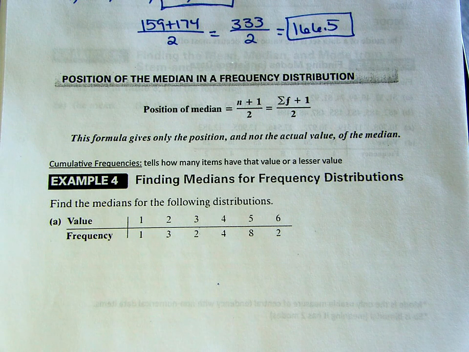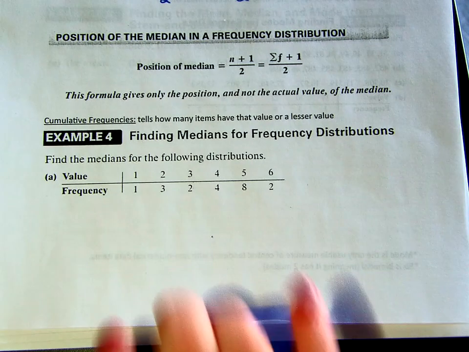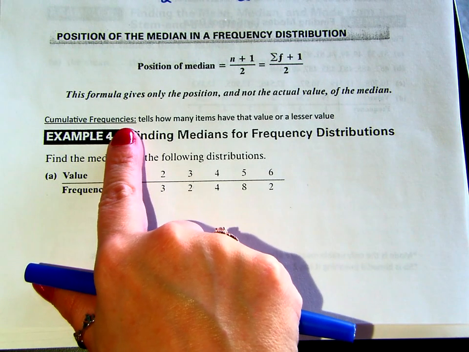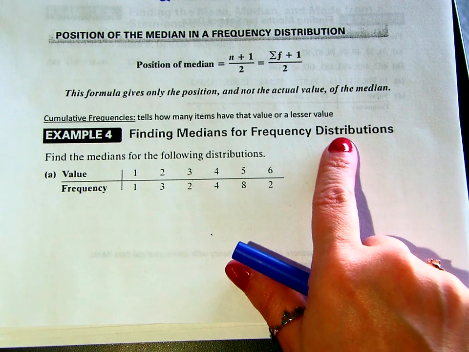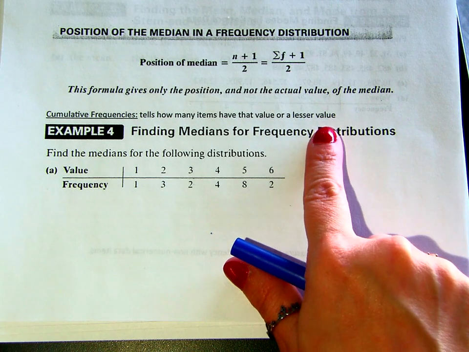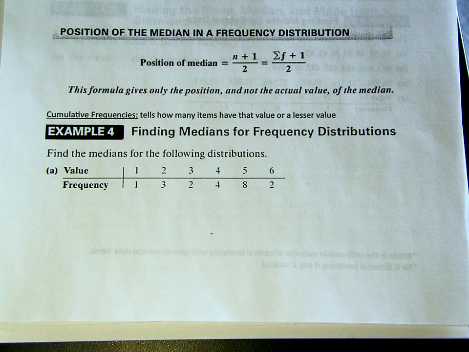And so this is going to combine the frequency distributions that we did in 12.1 with our medians and help us to figure out where that piece of information is without having to write out all of the data. So cumulative frequencies tell us how many items have that value or a lesser value. That's key. Because frequency tables, when we looked at them in 12.1, tell us how often a piece of data happens.